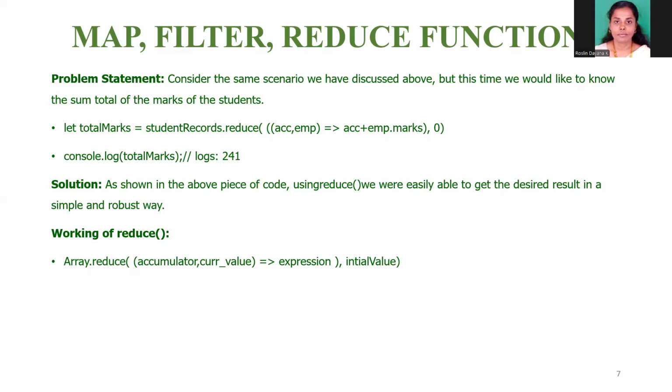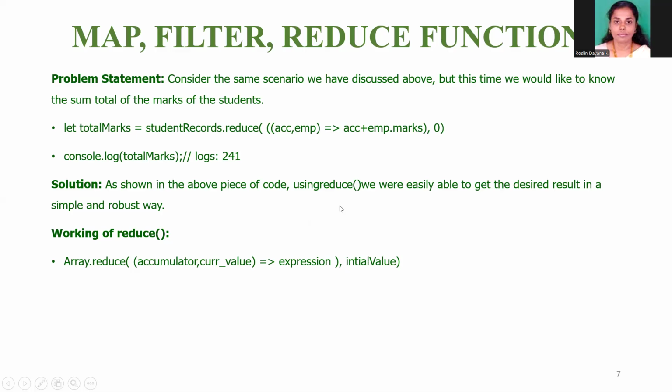First it will be 0 plus the first mark, where the accumulator is 0 and the first mark is M dot marks. Again it will take the second mark, then the third mark. All the marks will be added. So when we display total marks, it is 241.